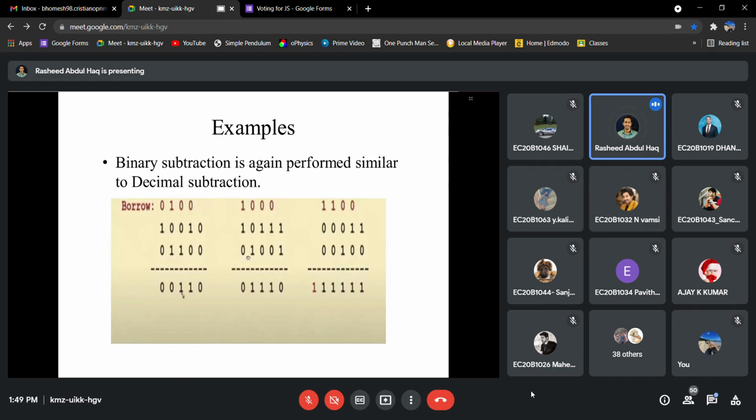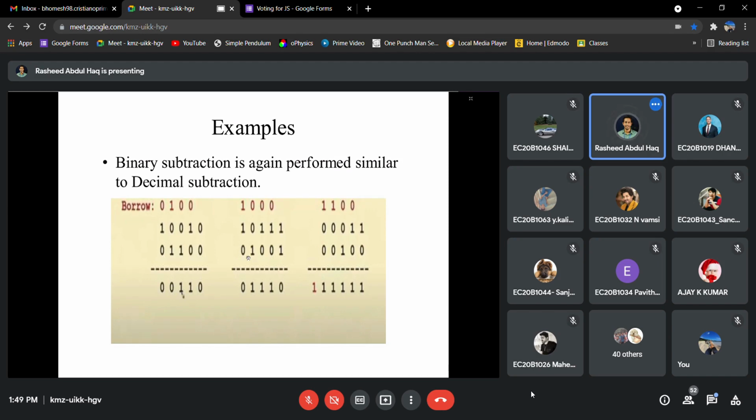So we'll try these examples. Everyone can try these examples. I have written this clearly. That is, subtract 0, 0, 1, 0 from 0, 0, 0, 1, 1.